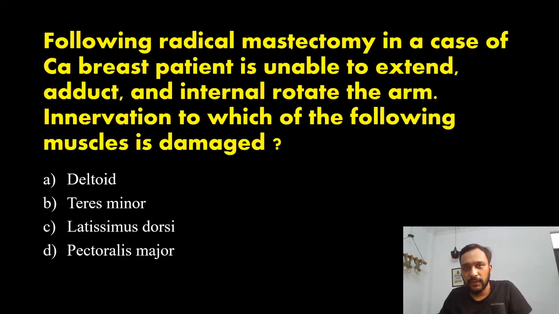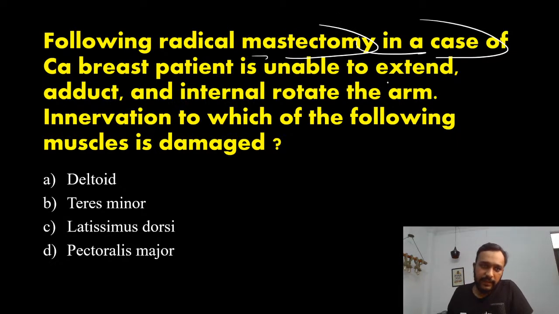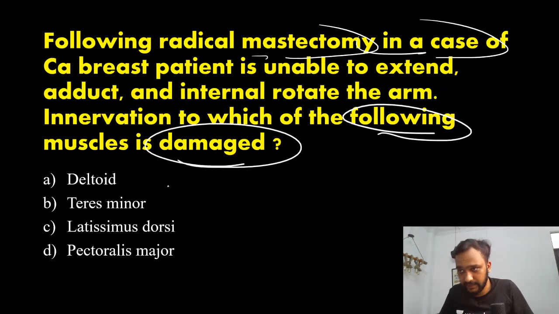Okay, so following radical mastectomy, in a case of CA breast, the patient is unable to extend, adduct and internally rotate the arm. Which of the following muscles is damaged?